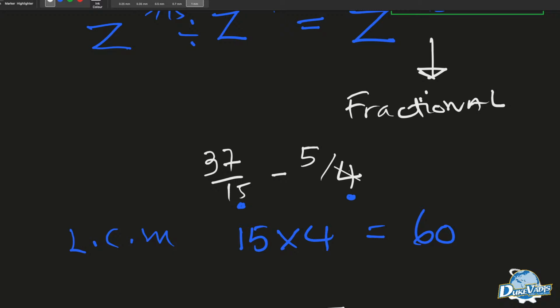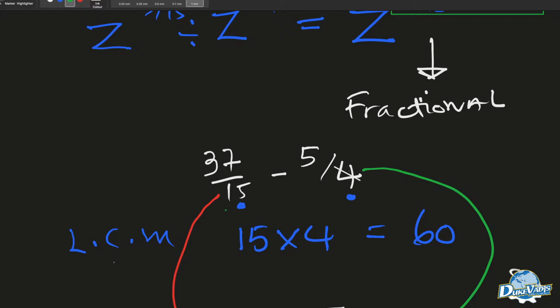So we have to look at it once again. See, 15 goes into 60 how many times? And also we have to see how many times 4 will go into 60. So how do we do that? We divide 60 by 15, which gives you 4.